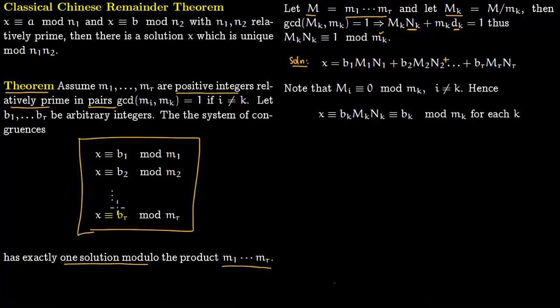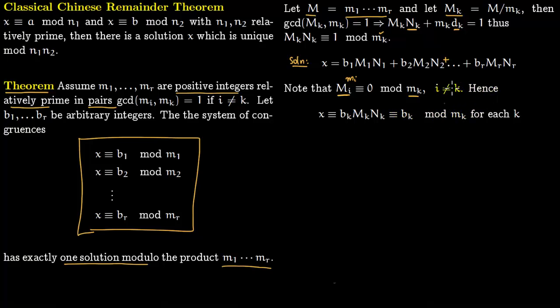Now we just check if this x is the correct solution. So notice that Mi is equivalent to 0 modulo mk, because the only thing missing from here is small mi. All other factors are in there. In particular mk is a factor in here, because to get from M to Mi you have to divide by small mi. So this is 0 modulo small mk if i is not equal to k.